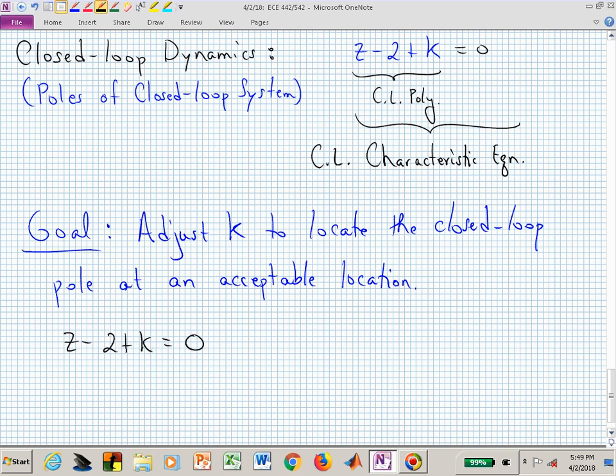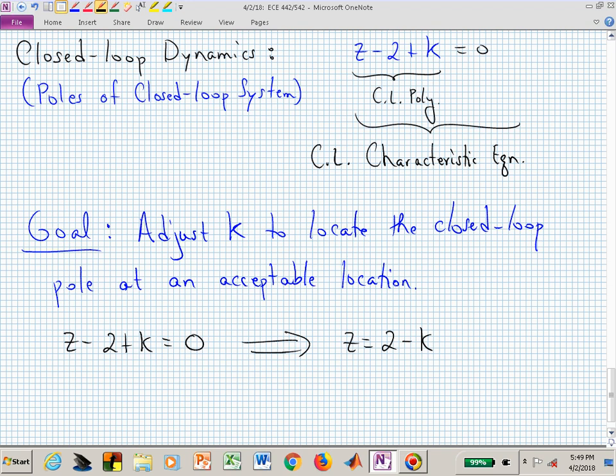There's our closed loop characteristic polynomial. Now we can solve that for z if we wanted to, and actually observe that whatever we pick for K, that's what our mode will be, whatever results for z.